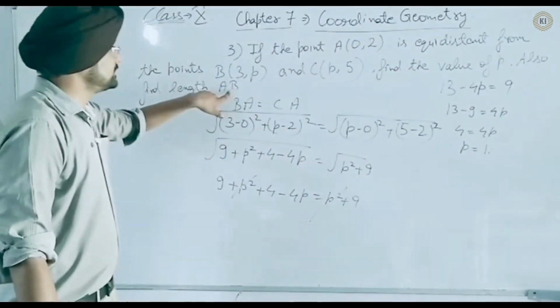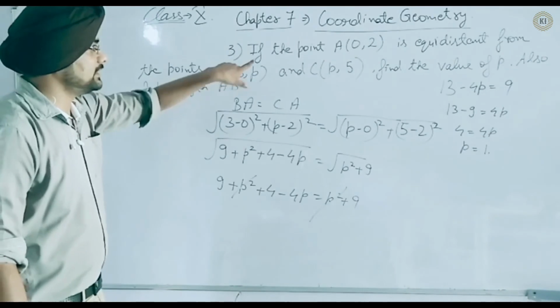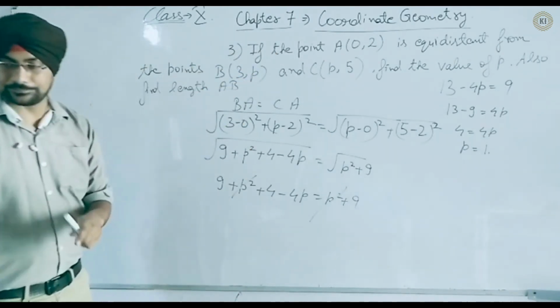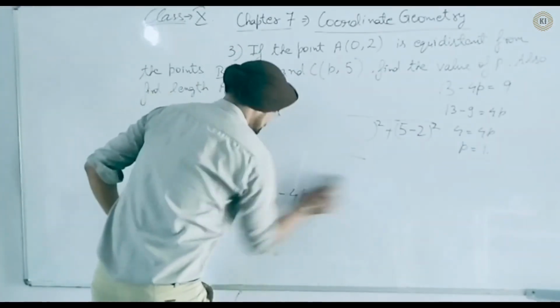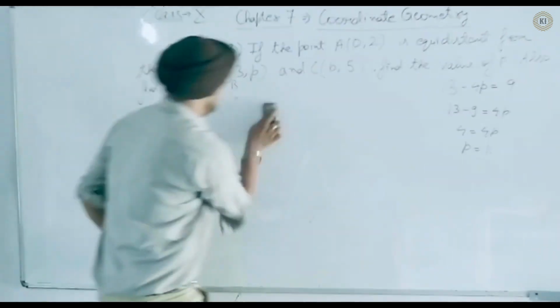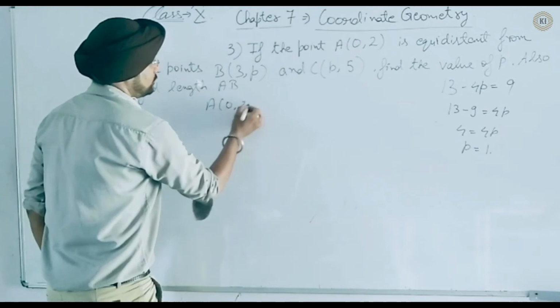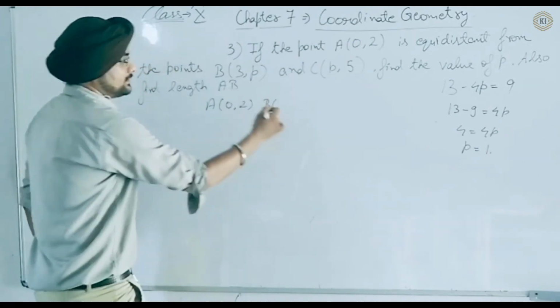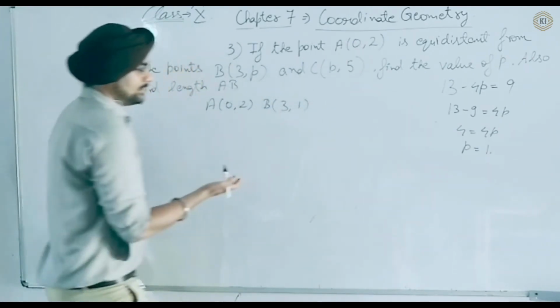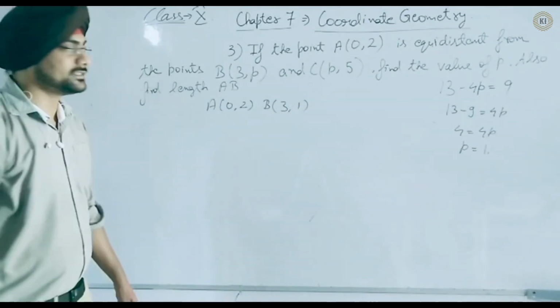Also find the distance AB. So value of A is (0, 2) and value of B is (3, 1). Now calculate distance AB by applying the distance formula.